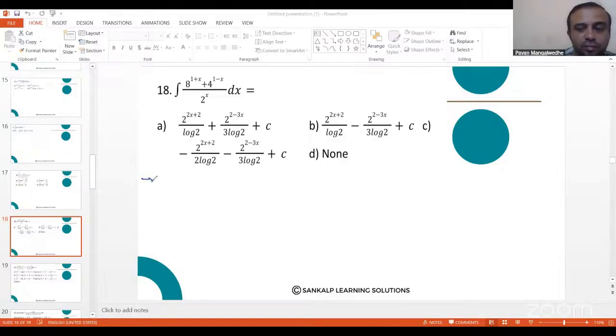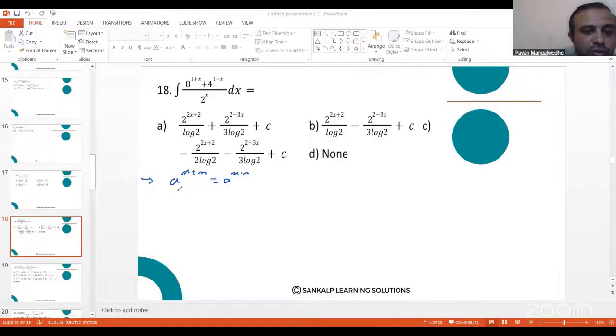If we start with this, you can get the solution by using the formula a raised to m plus n, which is treated as a raised to m into a raised to n, and a raised to m minus n as a raised to m into a raised to minus n.